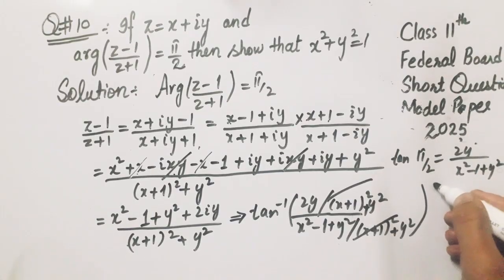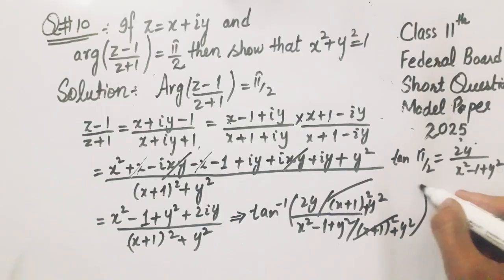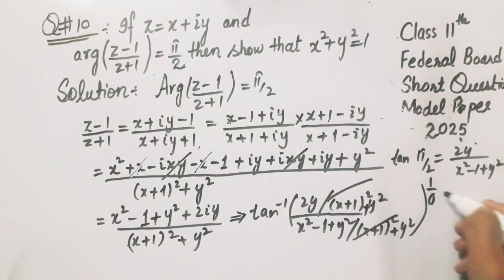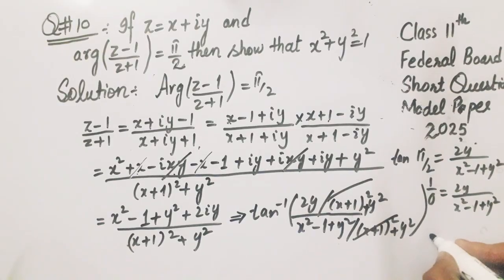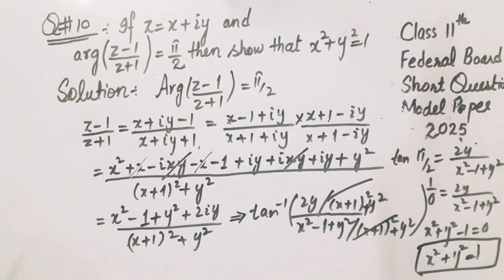So this is equal to 1 by 0, tan pi by 2 is equal to 1 by 0. So 2y by x square minus 1 plus y square, cross multiply this will give you x square plus y square minus 1 is equal to 0, and then x square plus y square is equal to 1. So this is the final answer of this question.